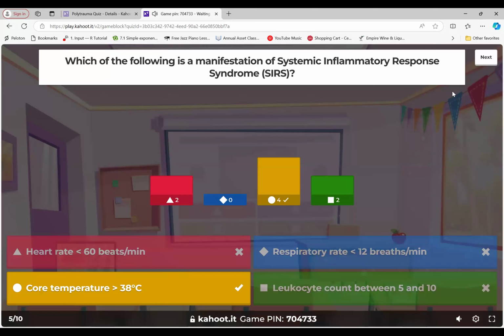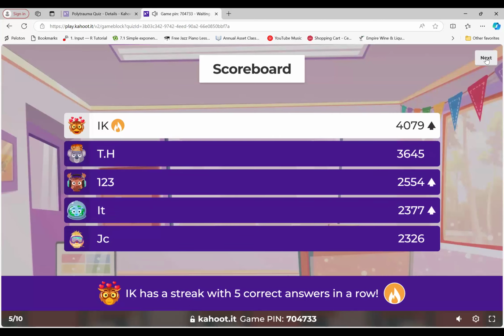Okay, so our answer is the core temperature greater than 38. IK has a streak with 5 correct answers in a row. That's lovely.